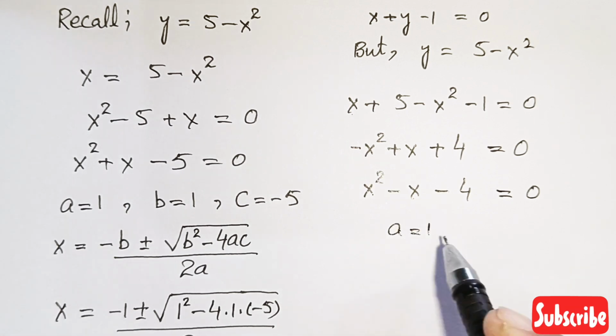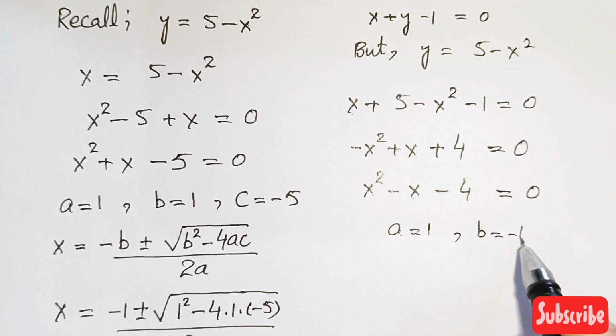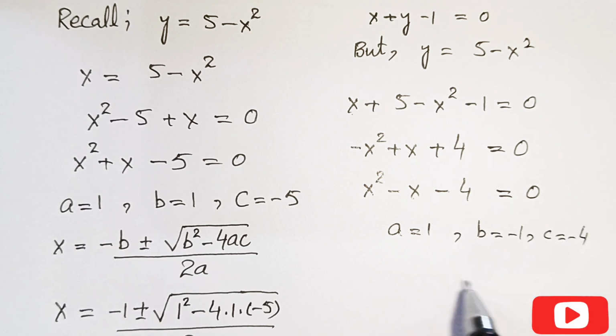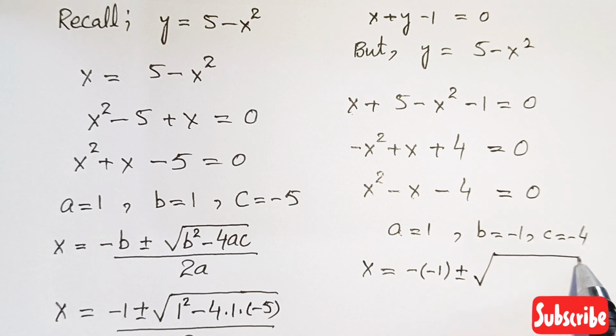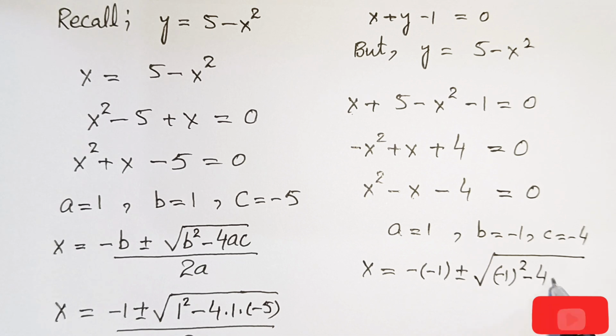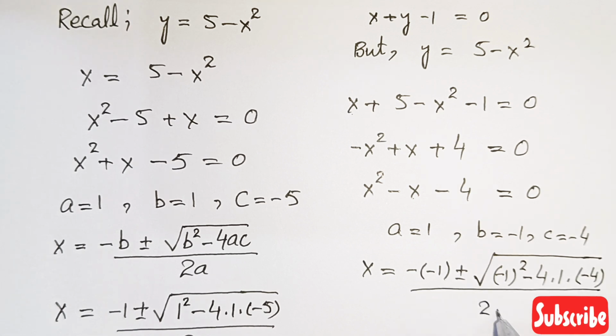Now a is equal to 1, b is equal to minus 1, and c is equal to minus 4. So x is equal to minus b, which is minus of minus 1, plus minus square root of b squared, which is minus 1 whole squared, minus 4 times a, which is 1, and c, which is minus 4, all over 2 times a, which is 1.